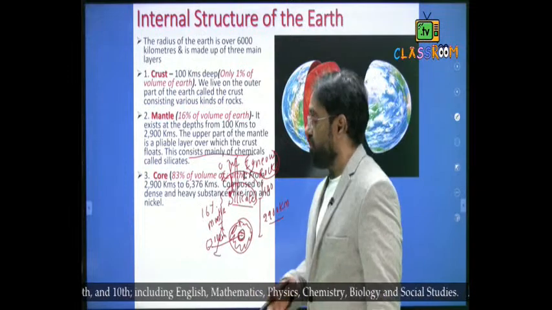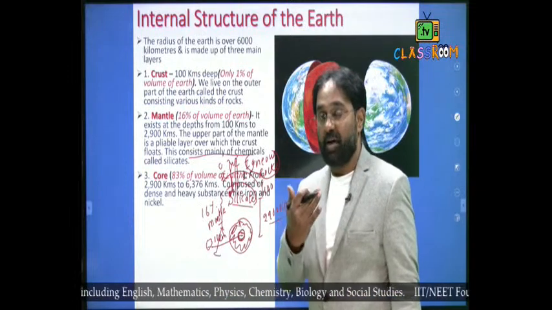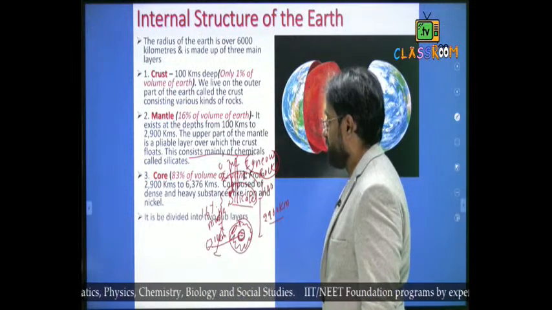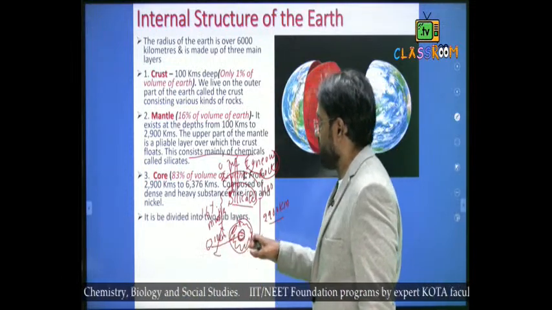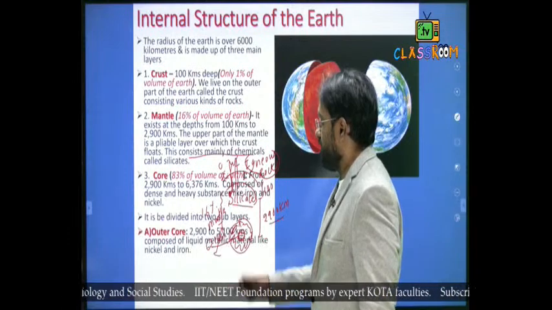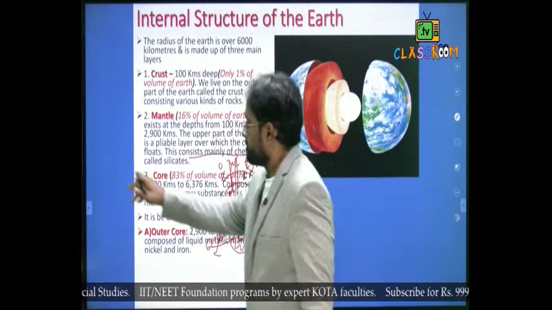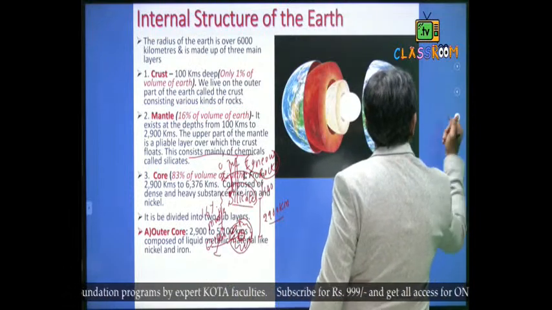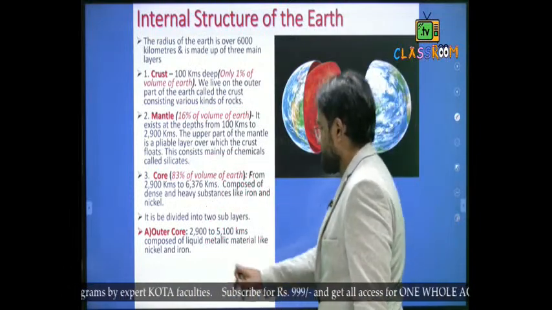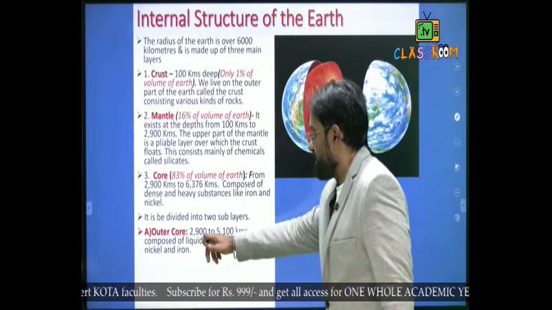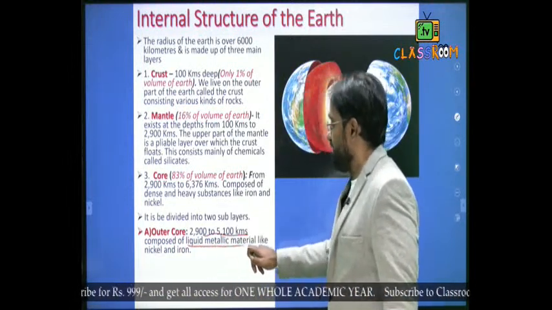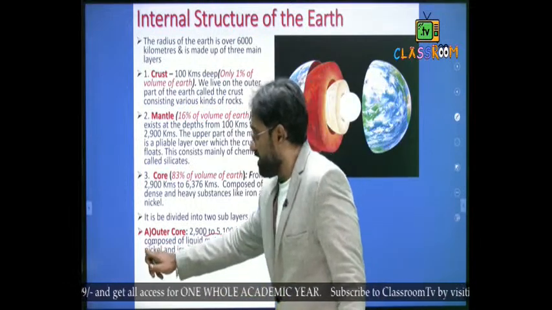Okay, these are important. What are the important minerals in the mantle and core area? Core also, outer core and inner core. It is divided into two sublayers. Outer core, 2,900 kilometers to 5,100 kilometers, composed of liquid metallic materials like nickel and iron.